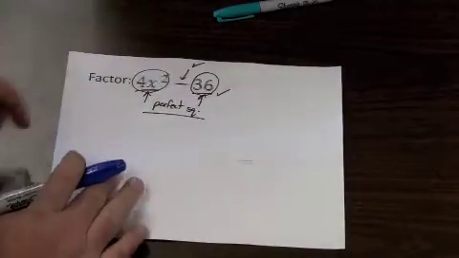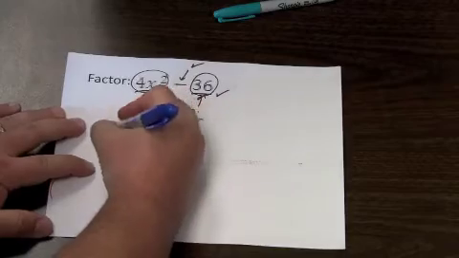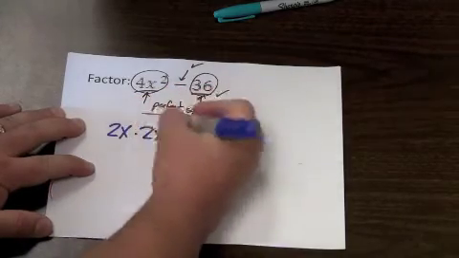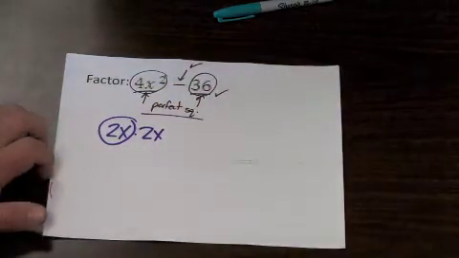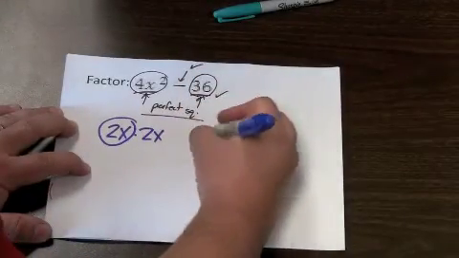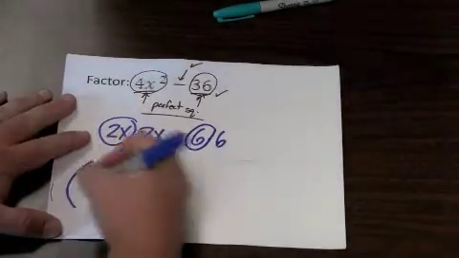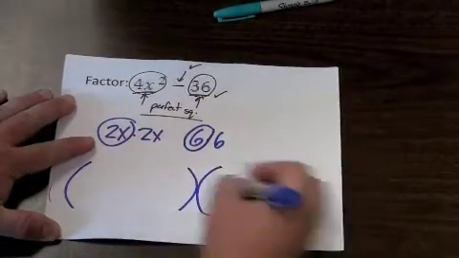Break down each term into the square root of each term. So 4x squared breaks up into 2x times 2x. There is the square root of 4x squared. 36 breaks up into 6 times 6. There's the square root of 36. Last step is to write the skeleton.